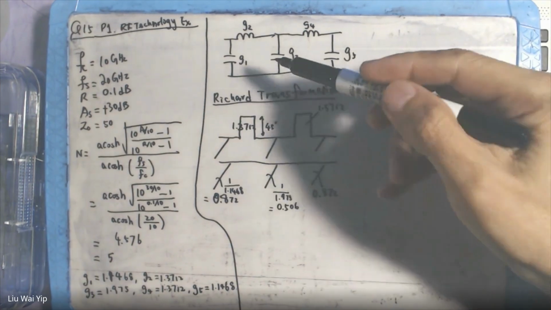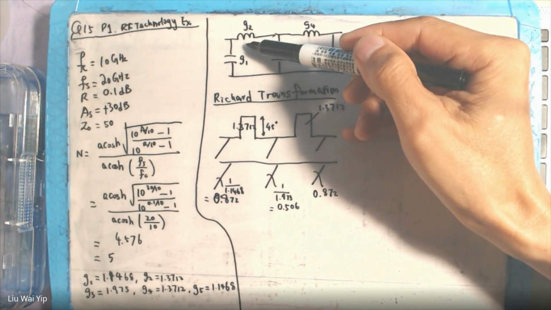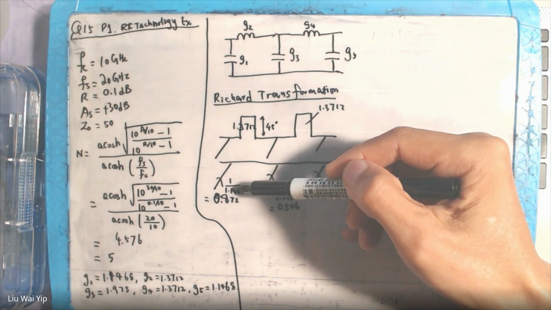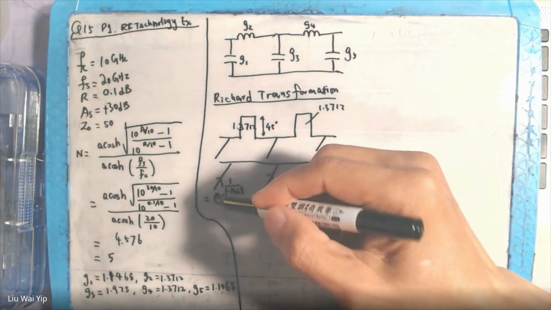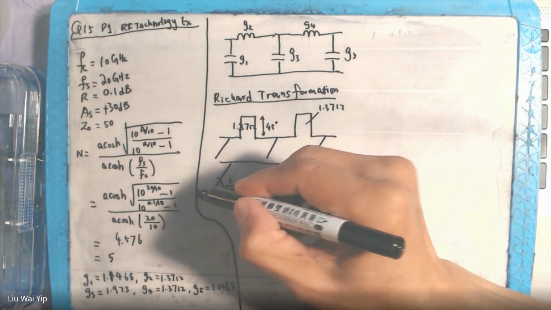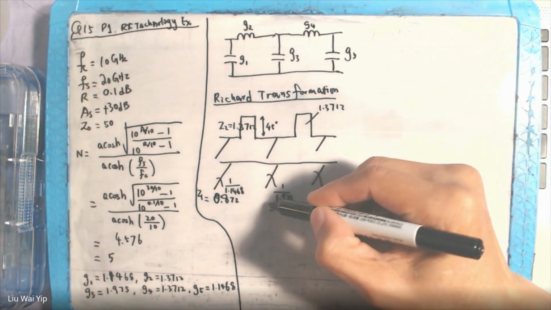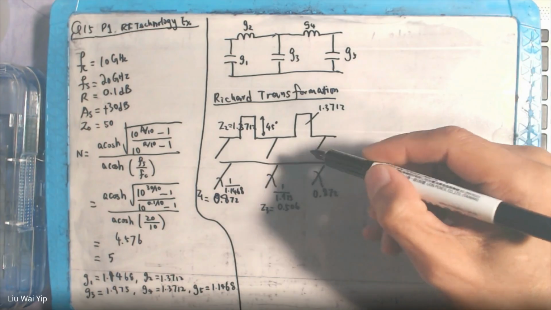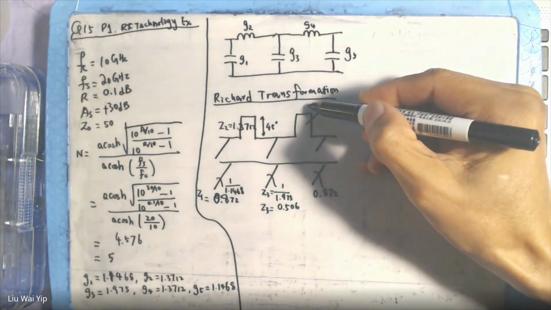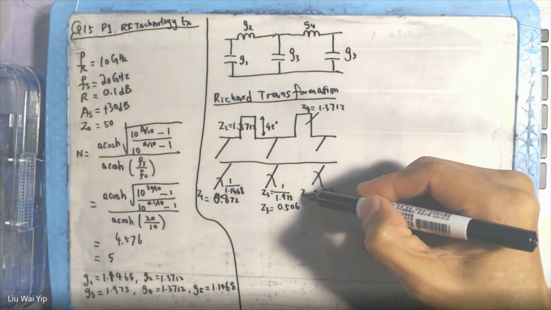We transform all the elements into their respective impedances. Let's label this one Z1, this one Z2, this one Z3, this one Z4, and this one Z5.